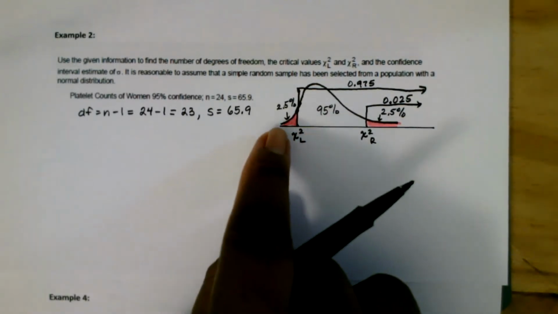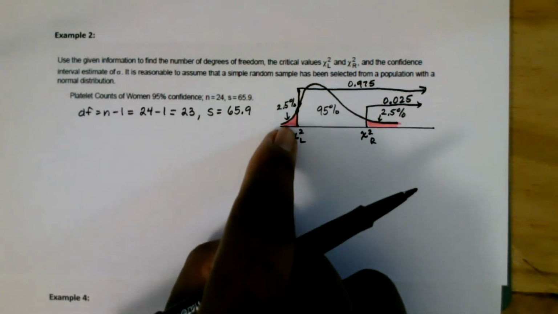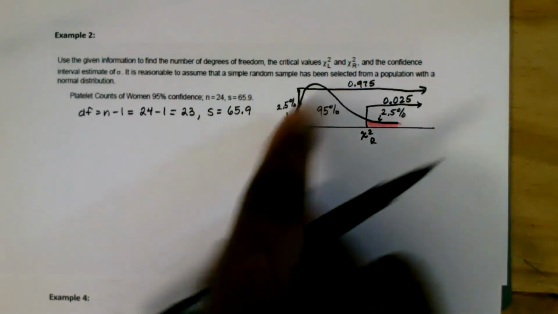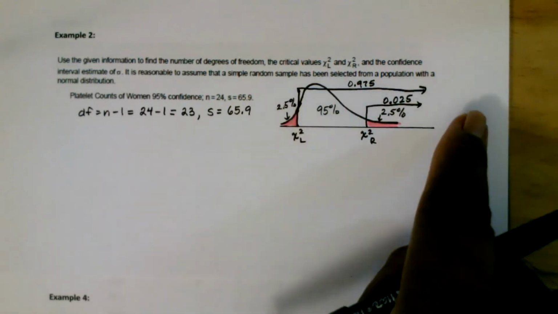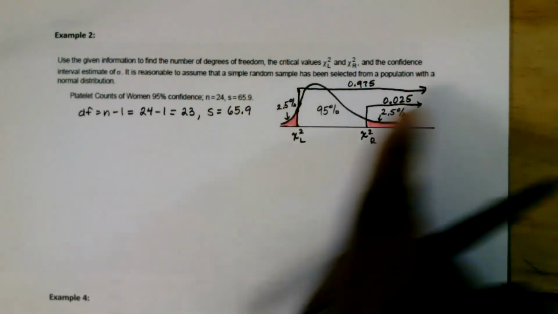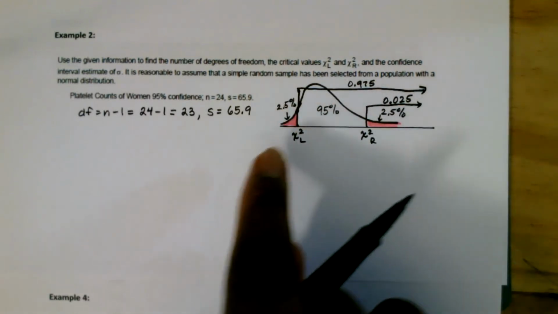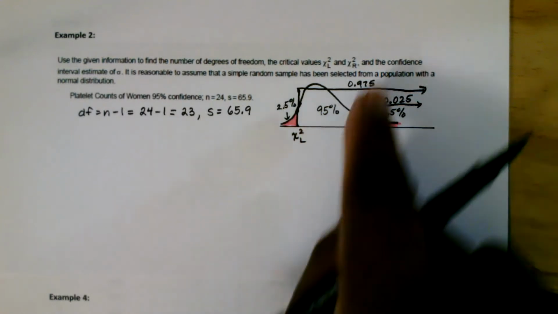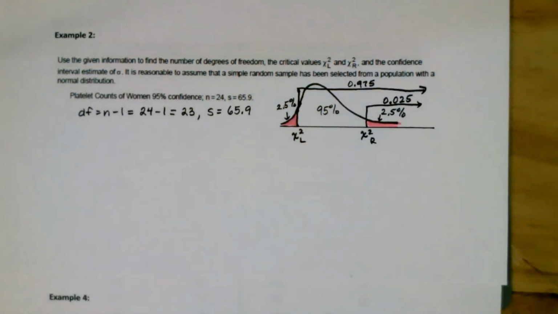Again, you can do this: the 2.5% that's on the left side, to get the percentage on the right, 2.5% from 100% will give you that 97.5% or 0.975.